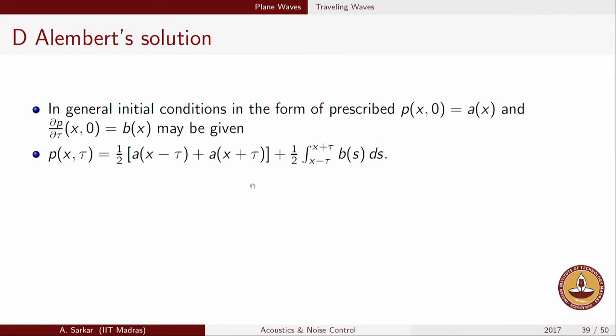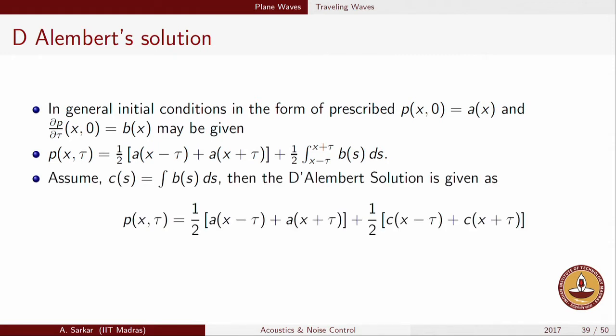So, we see that the solution depends not only on the initial condition on p, but also on the time derivative of p, and that is obvious because you have a second order partial differential equation both in time and space. So, in this form we could also do a little bit of further simplification. If the function c is defined to be the indefinite integral of the function b.